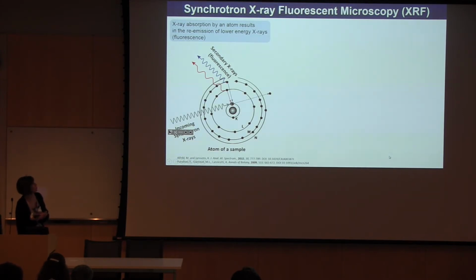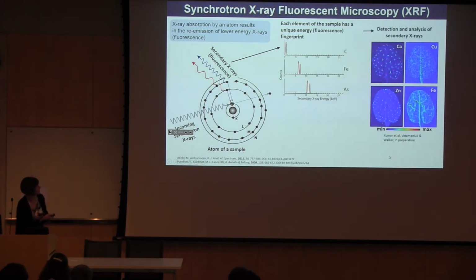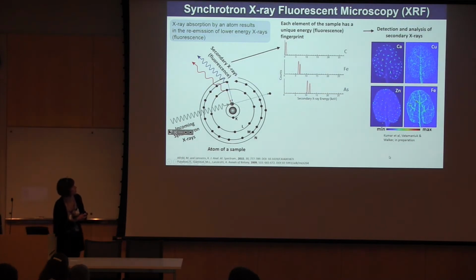And the really cool feature about this technique is that each element has its very specific energy fingerprint. So you can basically follow the distribution of a particular element in a sample. Here it's exemplified by the distribution analysis of different elements, as you can see, calcium, copper, zinc, and iron in the leaf, and that has been done simultaneously.